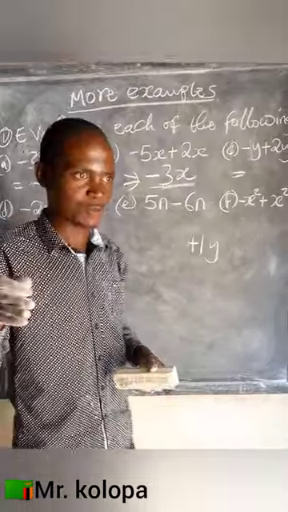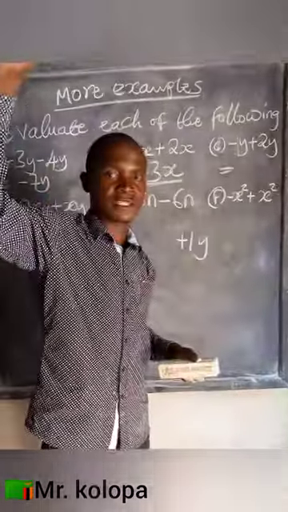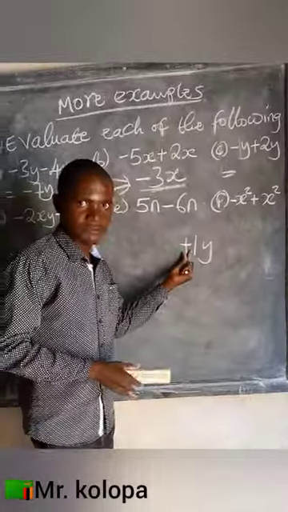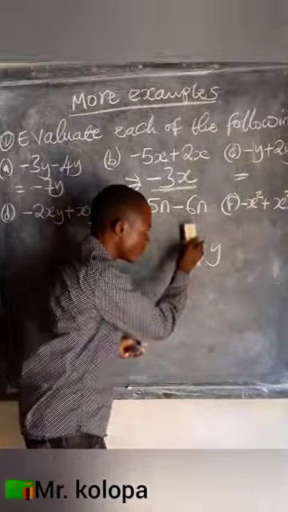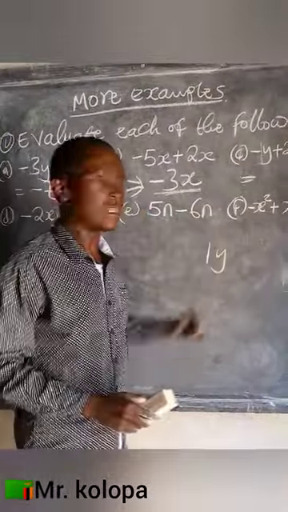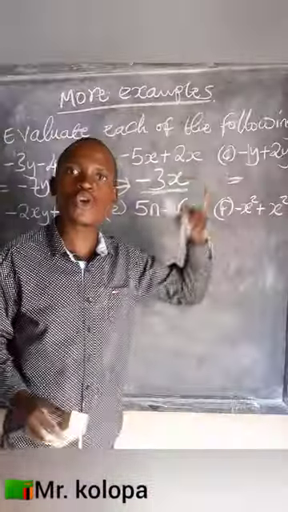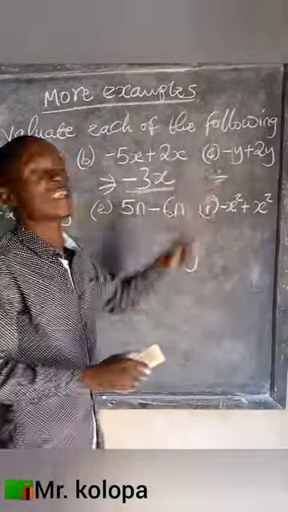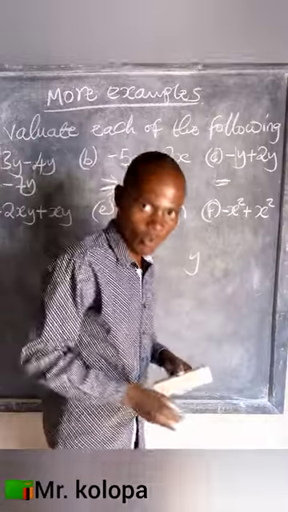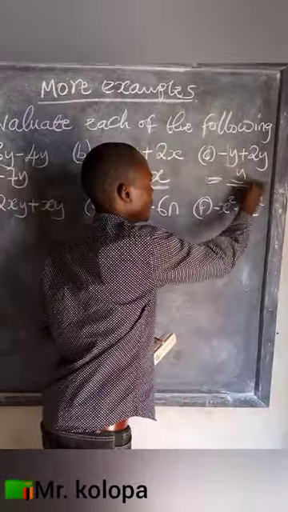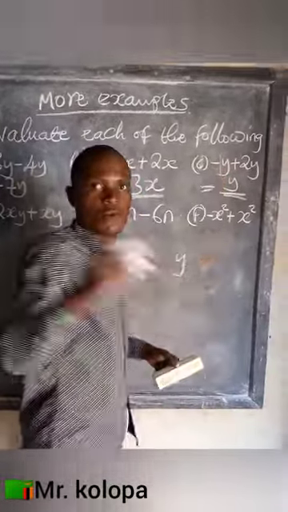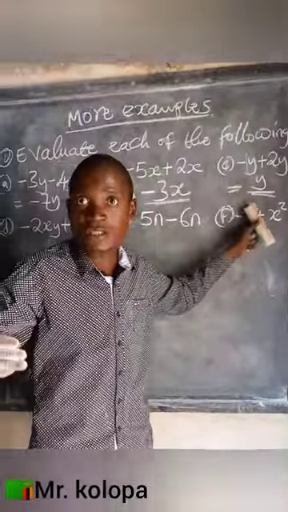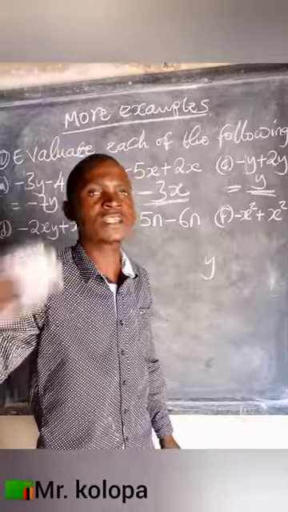But those who watched the first lesson, we said the positive is supposed to be invisible. And in this lesson, I'm saying a 1 also is supposed to be invisible. So the answer there will just be y. It's positive 1y, but the positive is invisible, and also the 1 is invisible.